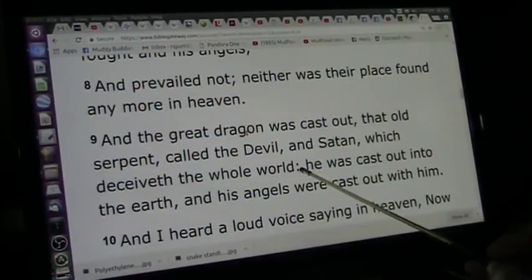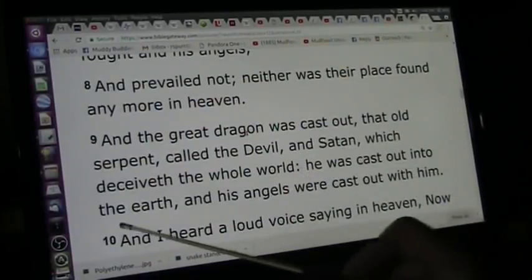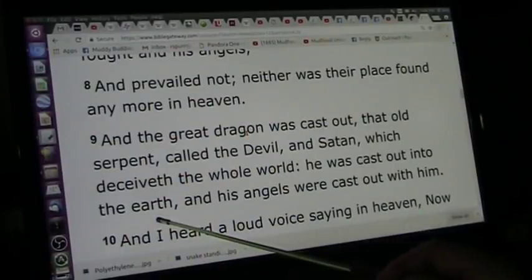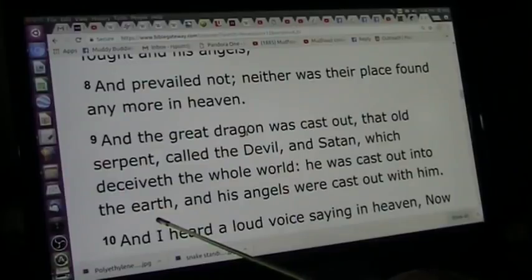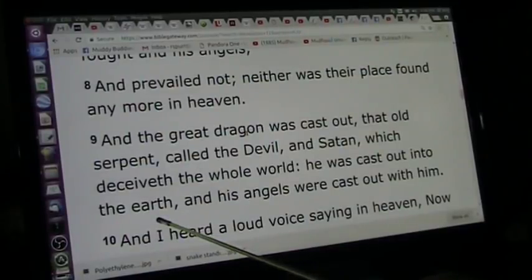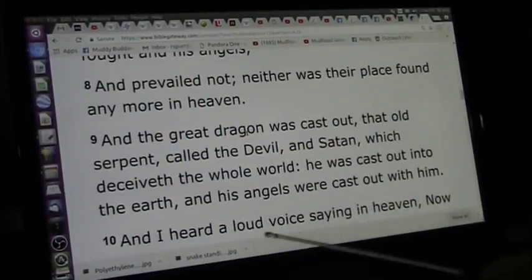Apparently, that's what it says. He was cast out into the earth. And we see a dragon there. And that dragon has not been there long. I study decomposition very, very seriously, and that dragon has not been there long whatsoever. And his angels were cast out with him as statues, apparently.